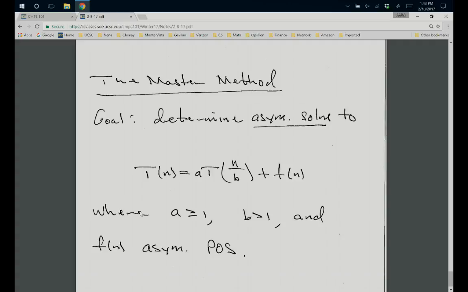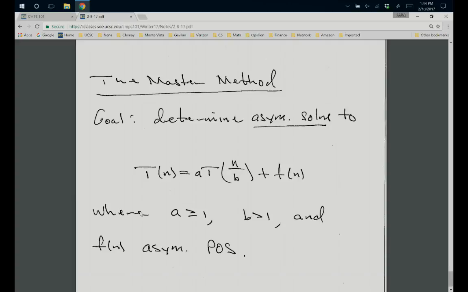If you want to see that covered in class, take either 102 or the graduate version 201. 102 is algorithm analysis, and 201 is graduate algorithm analysis. I usually try to provide some level of proof in those two courses. I'm really interested in this course in you being able to use this theorem, not prove it. So we're not even going to cover the proof in class, except I'll tell you what the proof is. The proof is the iteration method on steroids.